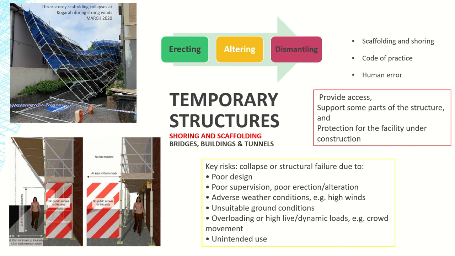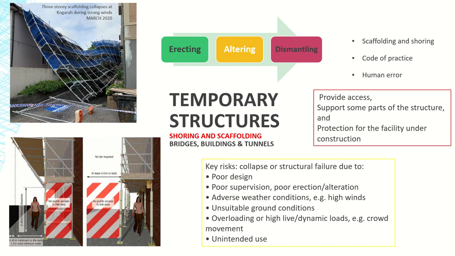Because it provides access to a higher level of a building. If you want to work at a higher level or somewhere above the ground, then you need scaffolding. It is also useful to support some parts of a structure under construction, for example a bridge, and it provides protection for the facility under construction.